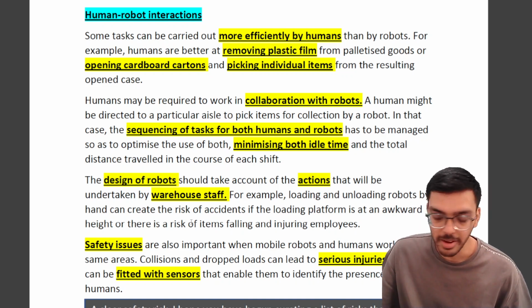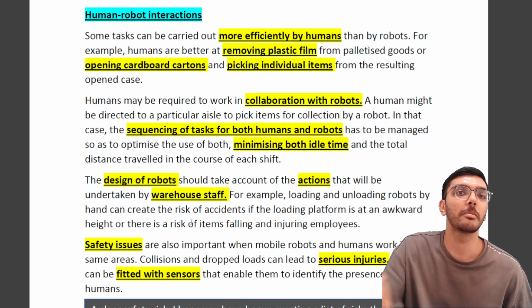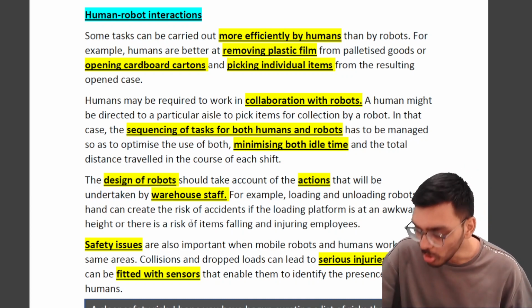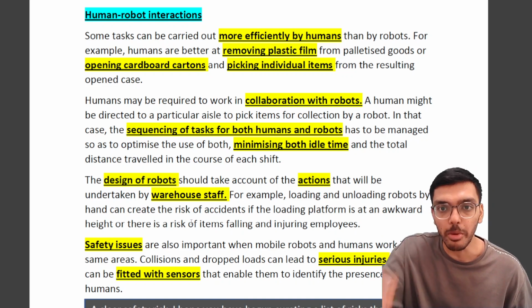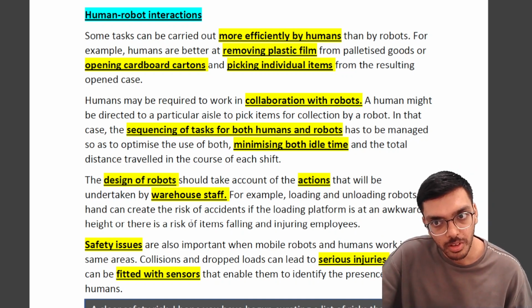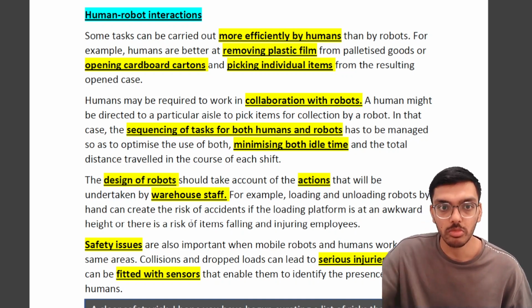So humans are better in that aspect, and naturally humans can do some jobs more efficiently than robots. Humans may be required to work in collaboration with robots. A human might be directed to a particular aisle to pick items for collection by a robot. So human is guided by the robot.